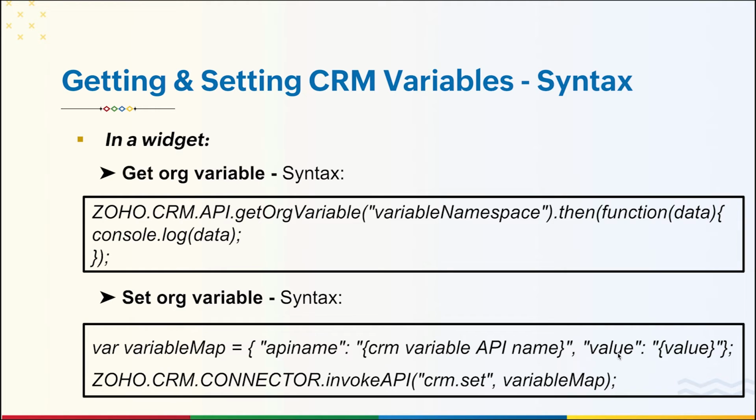For the keyword value, you're going to provide the value that you want to be set as the value for your CRM variable. Once you construct the data, you're going to invoke the crm.set connector, which will store the value that you're providing to the CRM variable through your user interface.